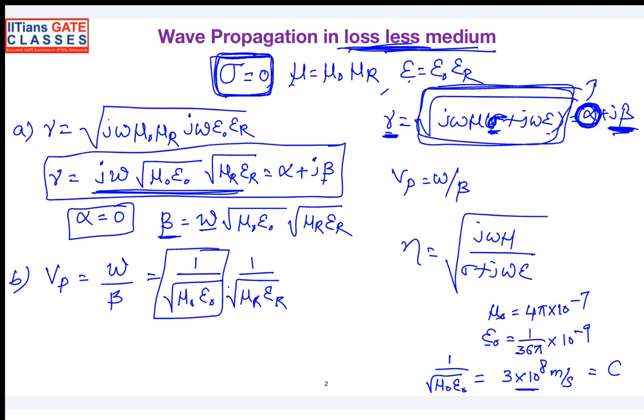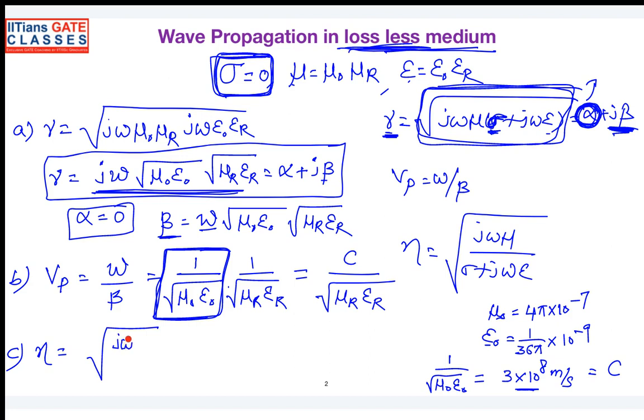So this term 1 by root over mu naught epsilon naught is basically the velocity of light. So the phase velocity in a lossless medium is nothing but c divided by root mu r into epsilon r. So next thing is the impedance. What is the impedance here? You can use the formula root over j omega mu naught mu r divided by j omega epsilon naught epsilon r.